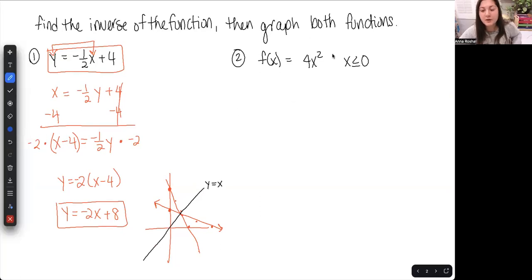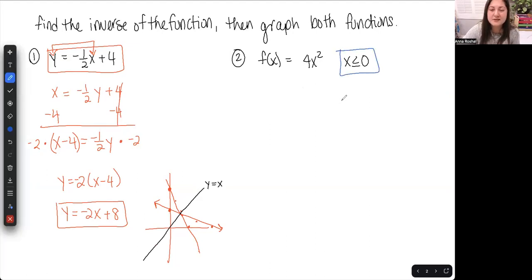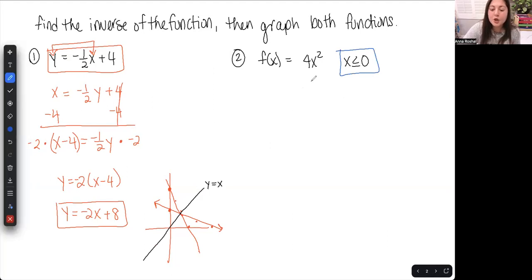Now, with the next problem, we do have this piece of information that's kind of important. It's this x is less than or equal to 0.